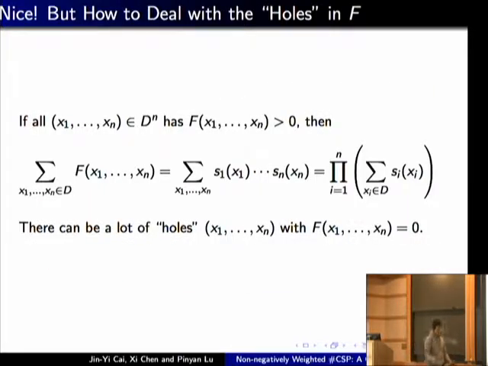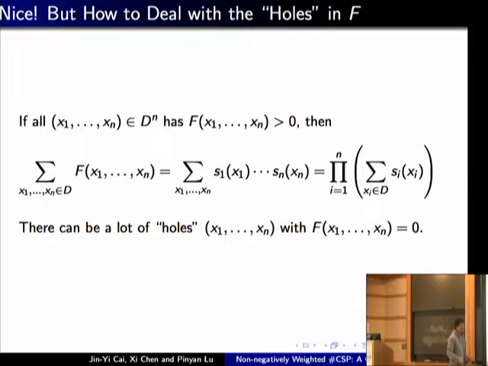So everything looks really nice so far, because if I tell you that for any assignment, this capital F is positive, then we can rewrite this exponential sum to be this product of sums, which can be easily evaluated. But the problem is there were a lot of holes. By hole, I mean an assignment x such that f of x is 0.